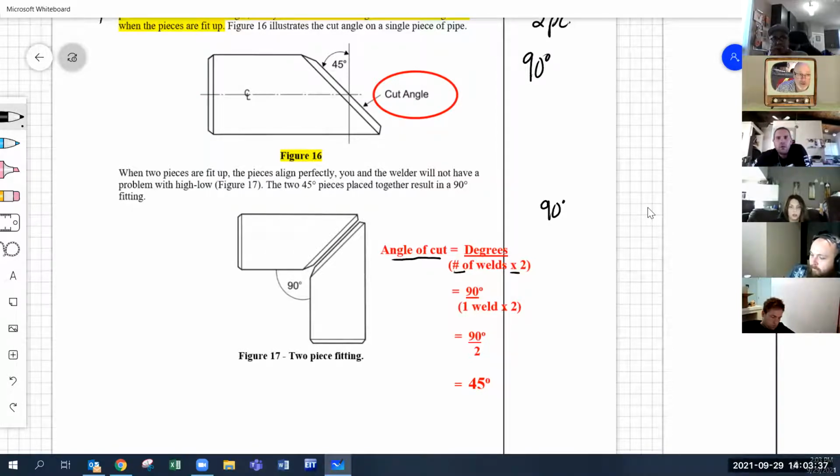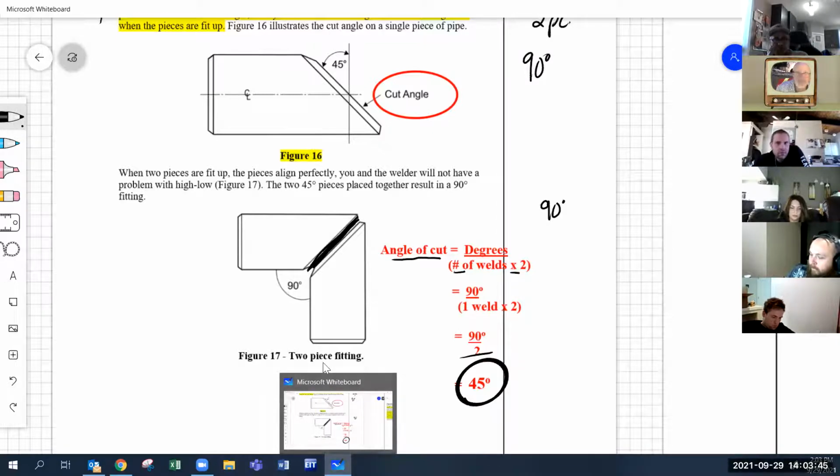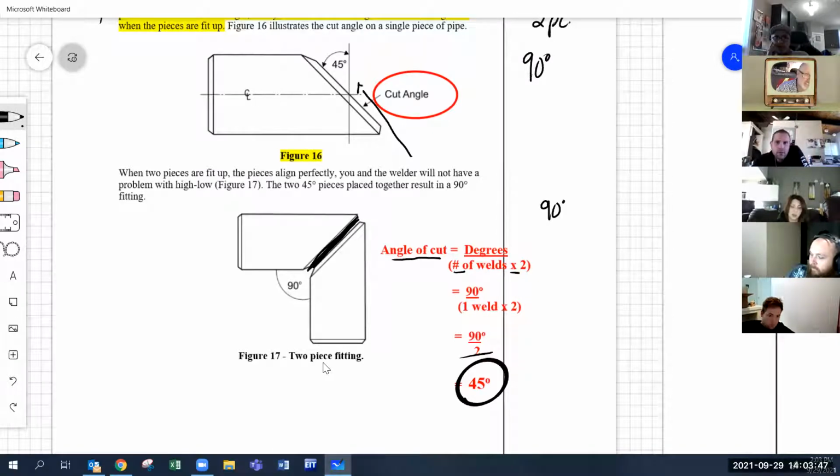The number of welds would be 1 weld right in here, times 2, which makes it 2. So your cut angle is 45, and that's what this is up here. Pretty straightforward stuff. It gets a little more complicated when you start doing 3-piece and 4-piece mitered 90s.